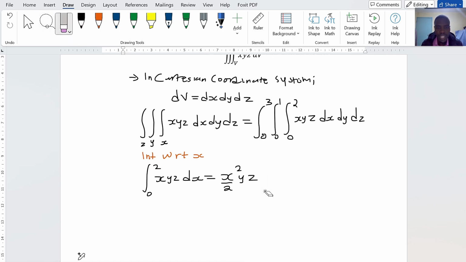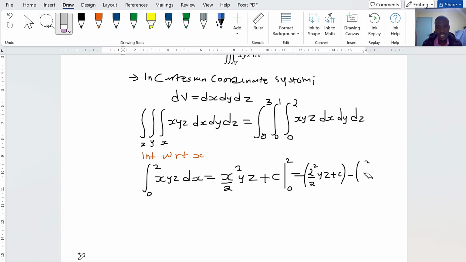Maybe for completeness, let me just have it. So plus c, then substituting from 0 to 2. When you do the substitution, for the upper bound, you'll have 2 squared over 2 yz plus c, then minus the lower bound, 0 squared over 2.